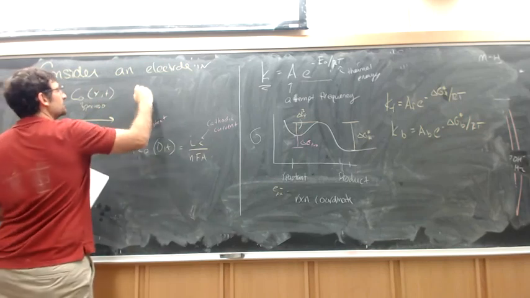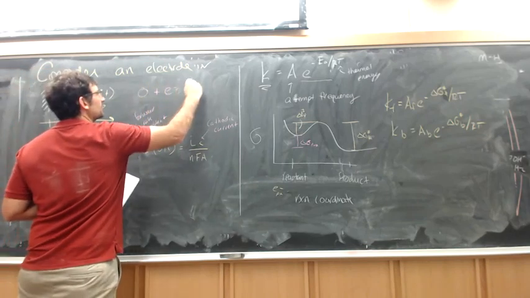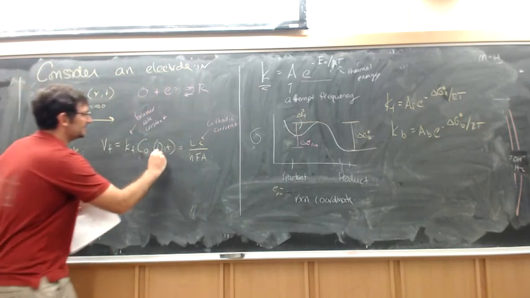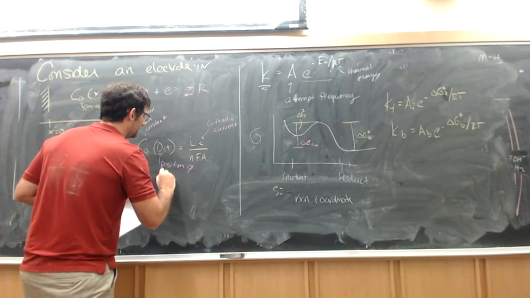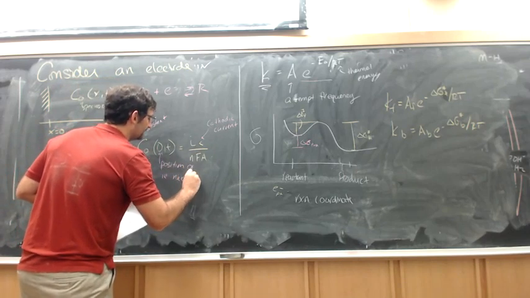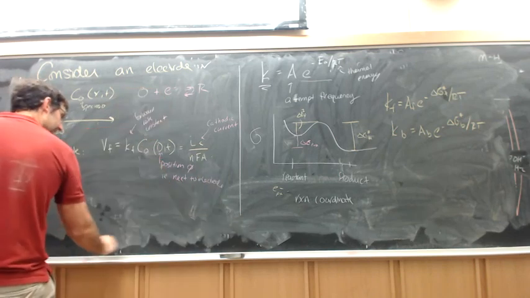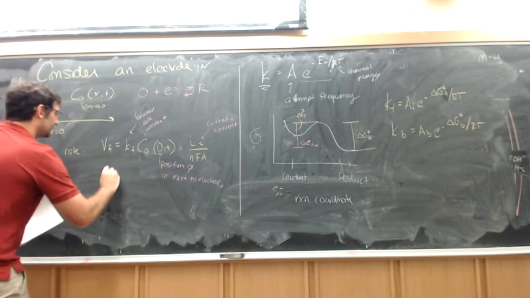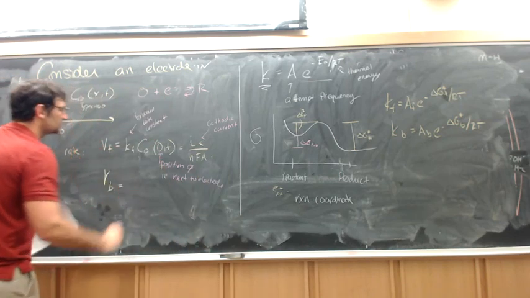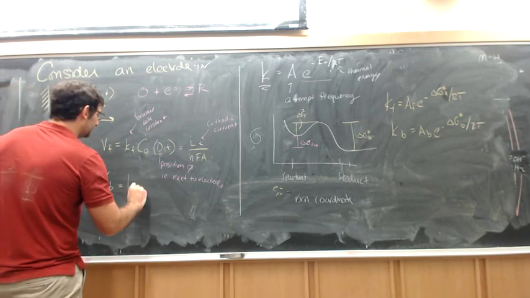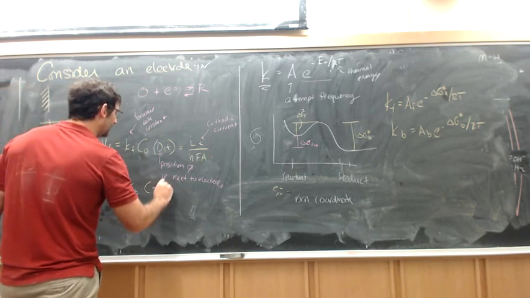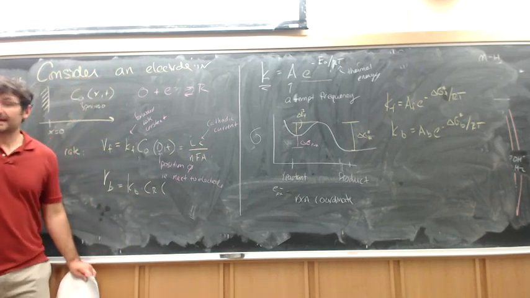This is going to be the forward rate constant for this reaction, O plus an electron going to R. And this is at position 0, i.e. next to the electrode. And similarly, I can write the rate of the backwards reaction. What's the rate of the backwards reaction given by? k_b times C_R at position 0.